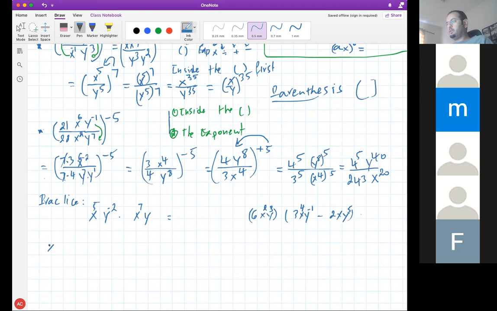And something with fractions also. And finally, another one like this.